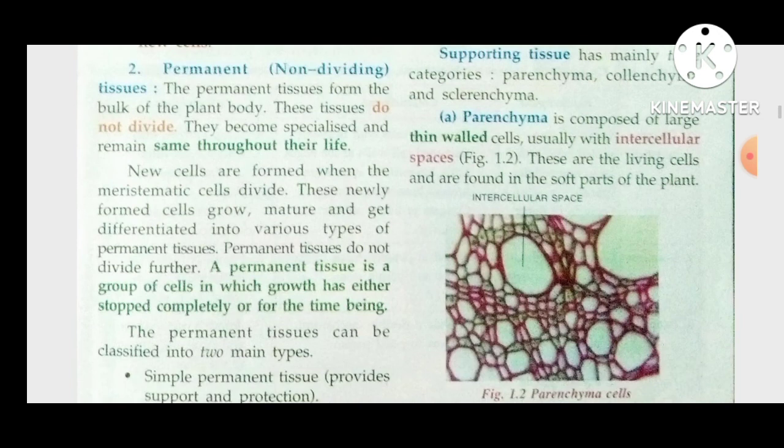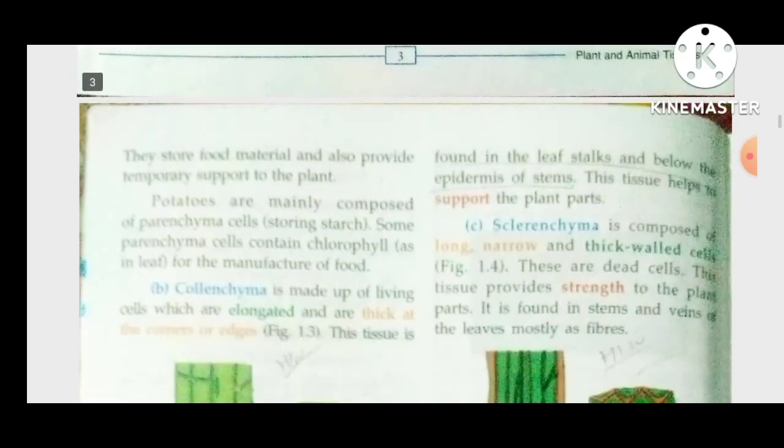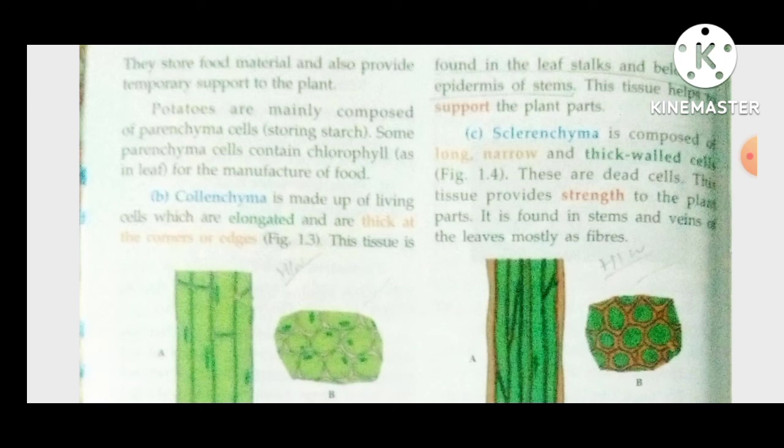These are living cells and are found in the soft parts of the plant. They store food materials and also provide temporary support to the plant.